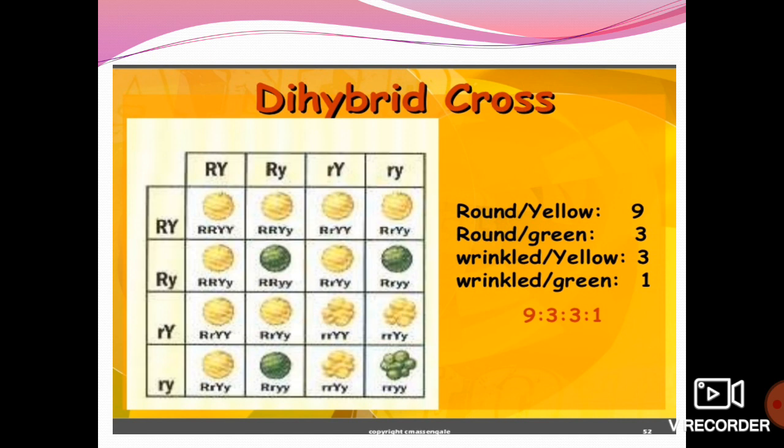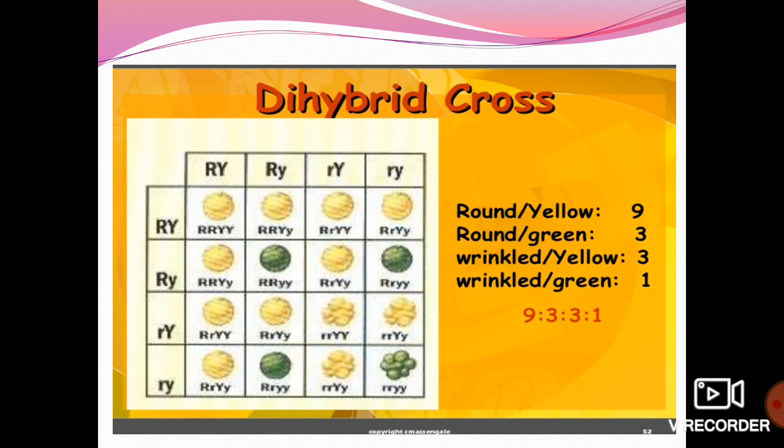This result, which is 9 yellow round parental, 1 green wrinkled again parental, and 2 types, green round and yellow wrinkled, 3 and 3, are non-parental. This 9:3:3:1 is what is known as the phenotypic dihybrid ratio.